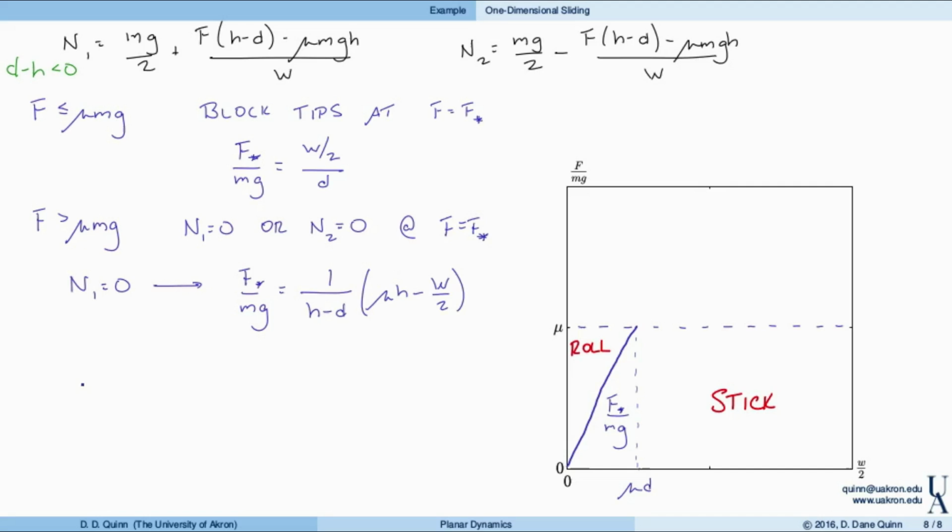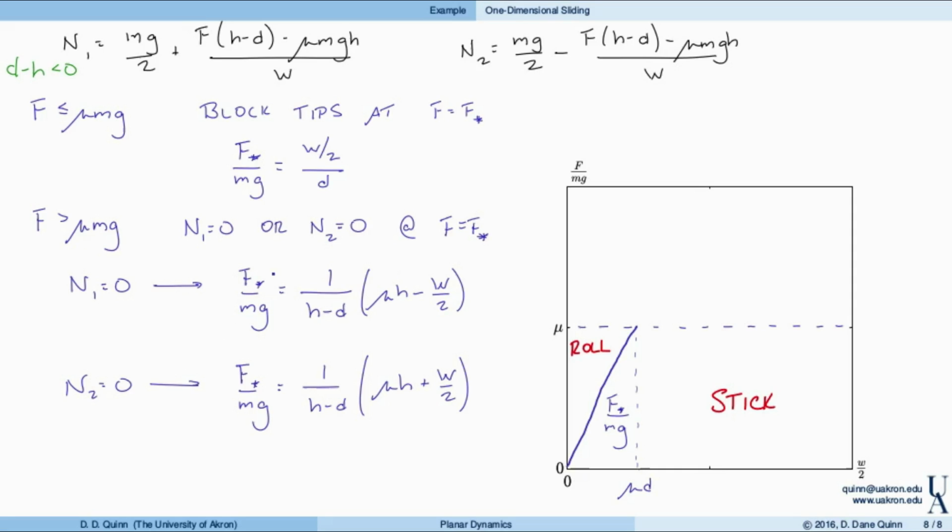While if N2 equals 0, we can solve for f star as 1 over h minus d, mu times h plus w over 2. So these are the two values of the force that transition between slip, just steady slip, and rocking.